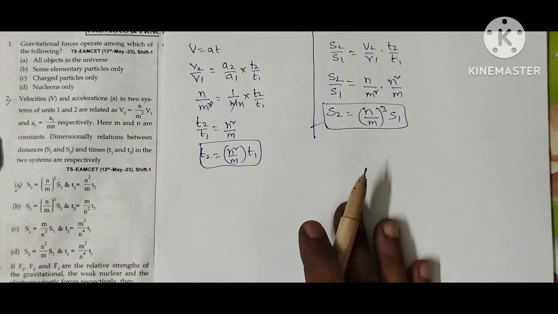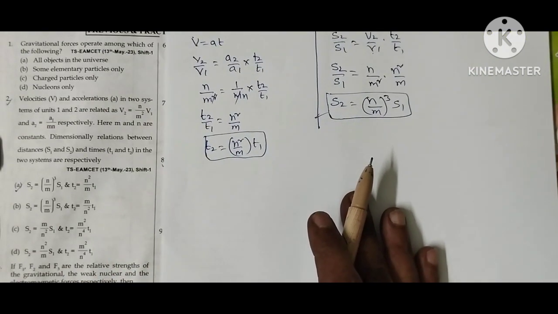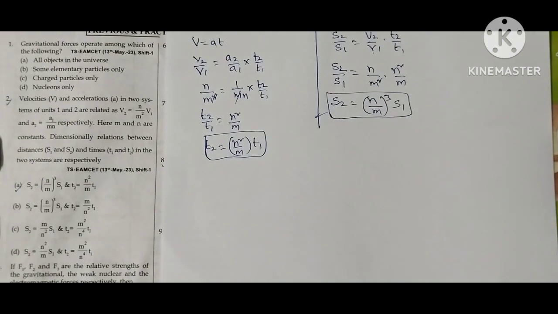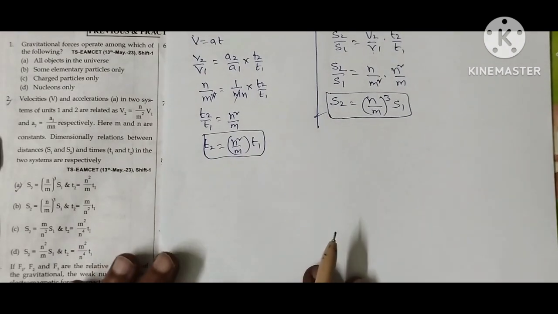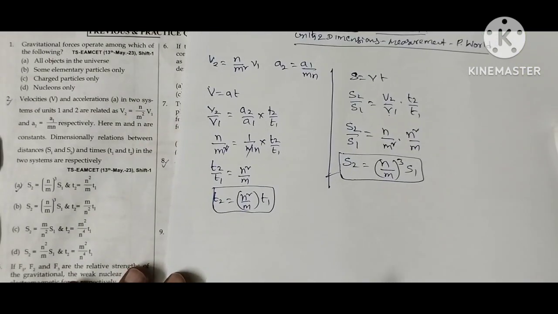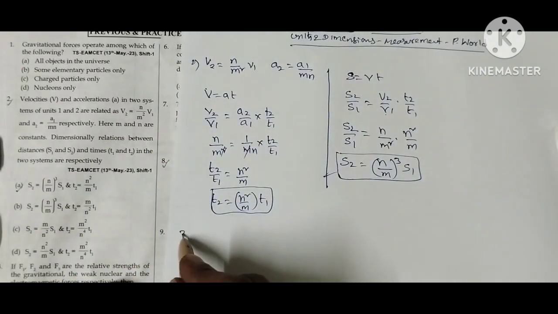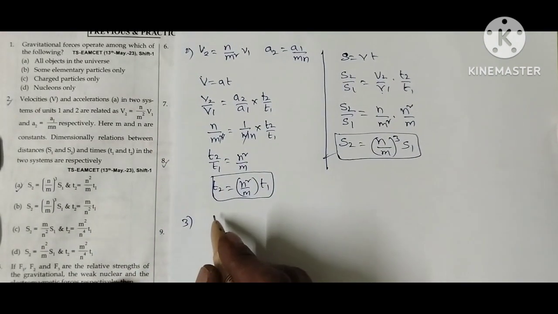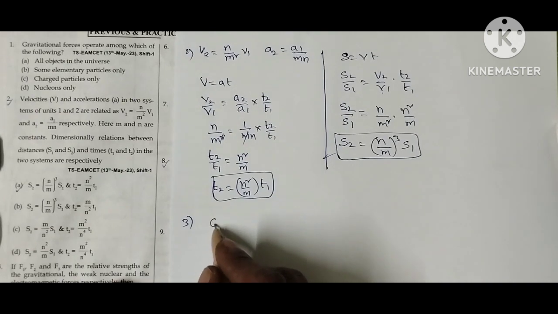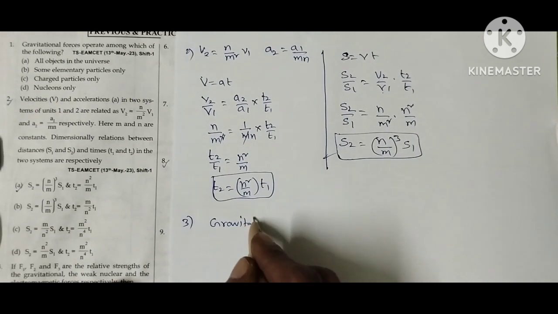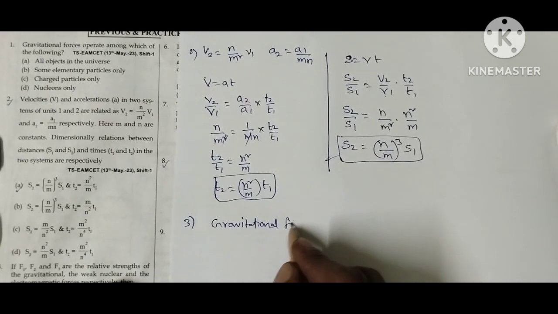Next, question number 3. If F1, F2, F3 are the relative strengths of gravitational, weak nuclear and electromagnetic forces, how can you get the relation between them? It is better to remember the gravitational force properties.